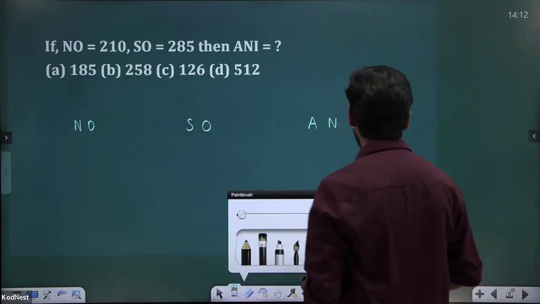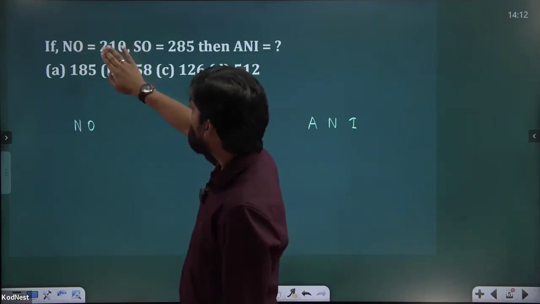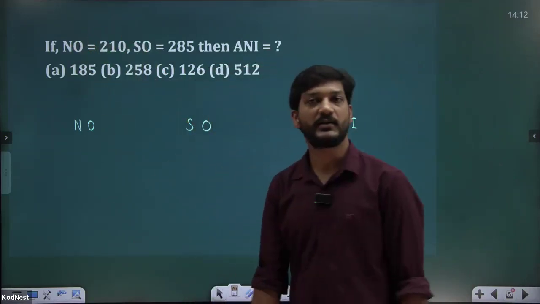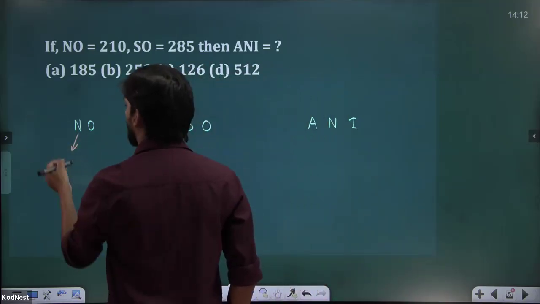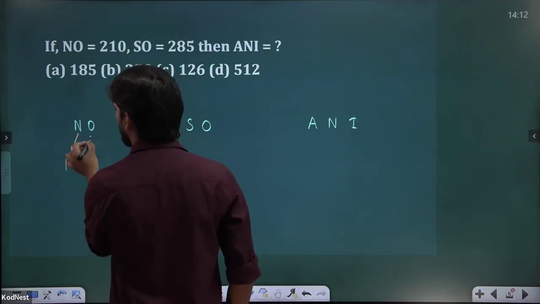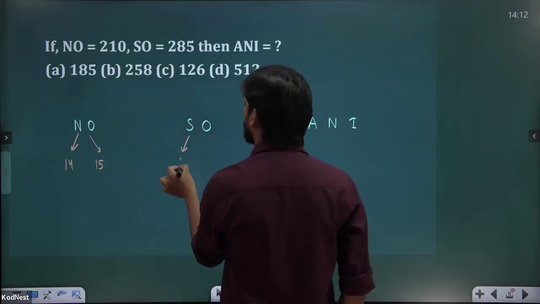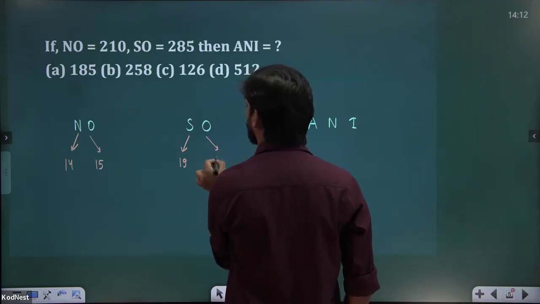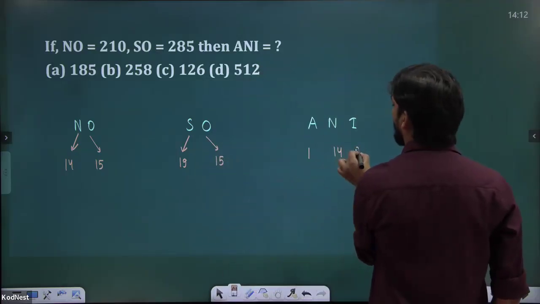Whenever words are given as number and it is not the same number of digits, in that case, first write the place value, then you will think: N14, O15, S19, O15. Now A1, 14 and 9.